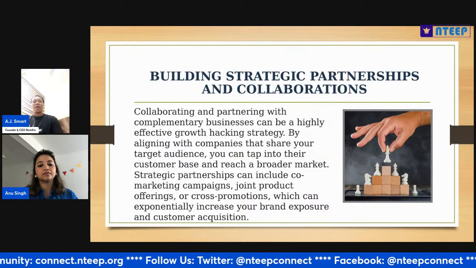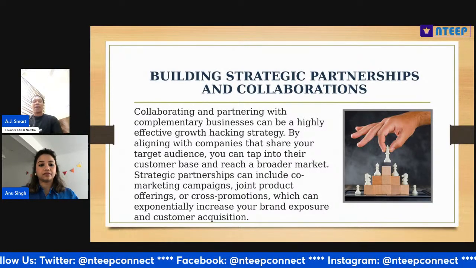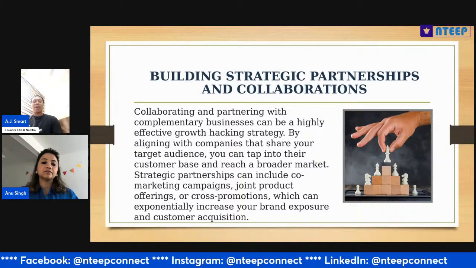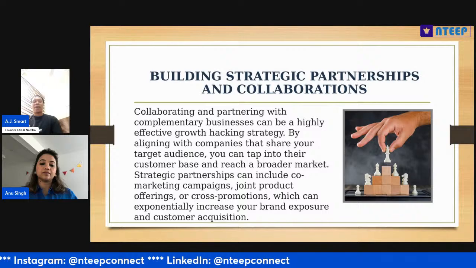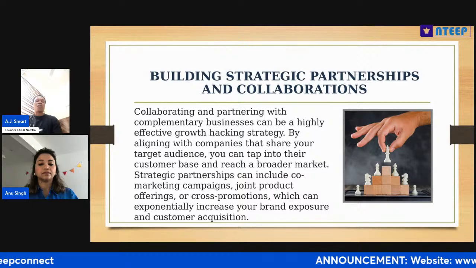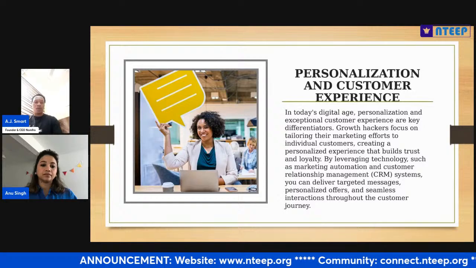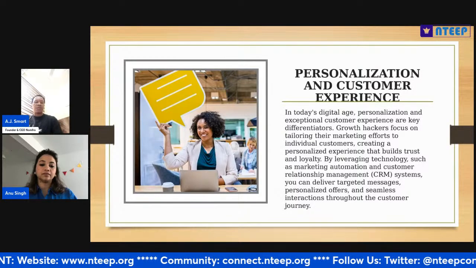Now, the next thing is personalization and customer experience. In business growth hacking, you want to hack into a particular person or company that you have a better understanding of by leveraging on the data available to you. So then, it's better to customize and tailor whatever you are selling to meet their own experience, right?